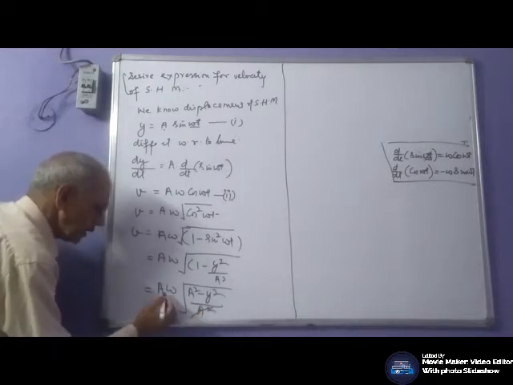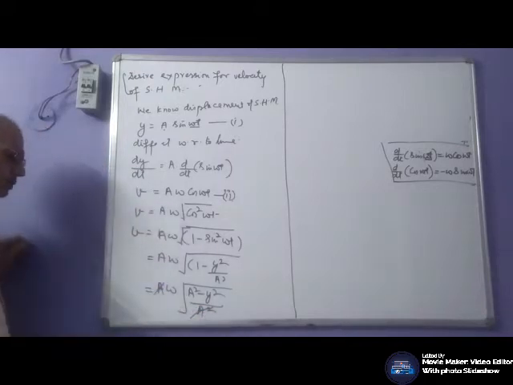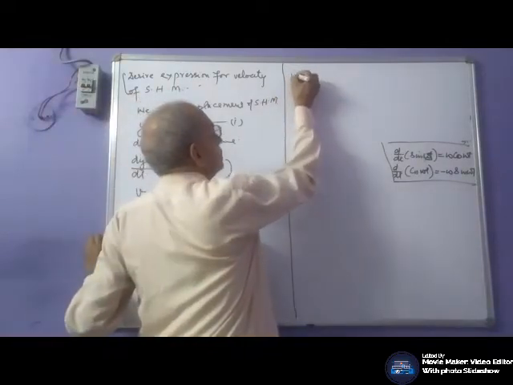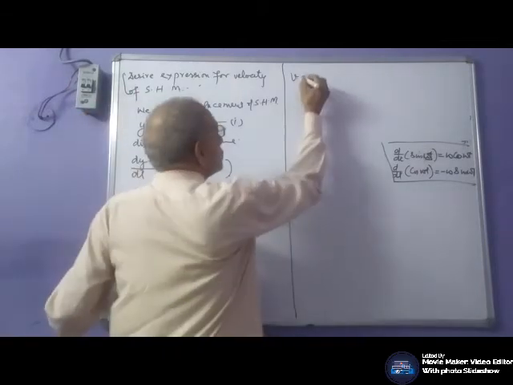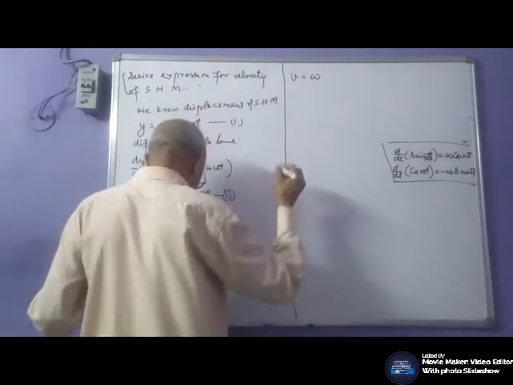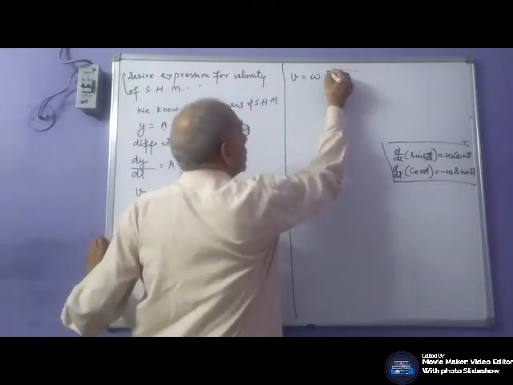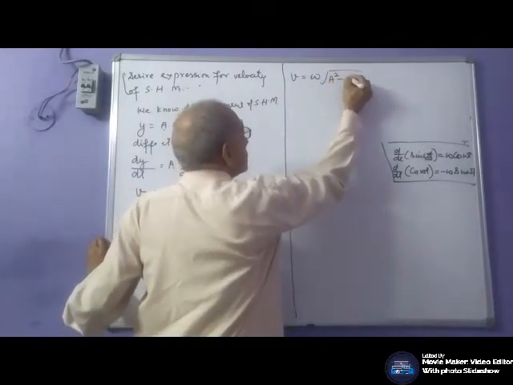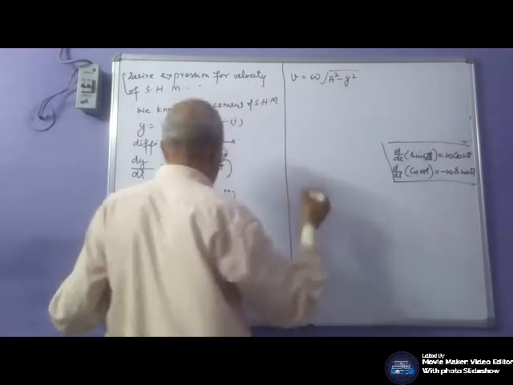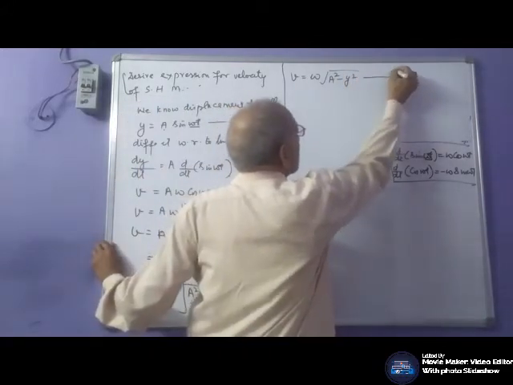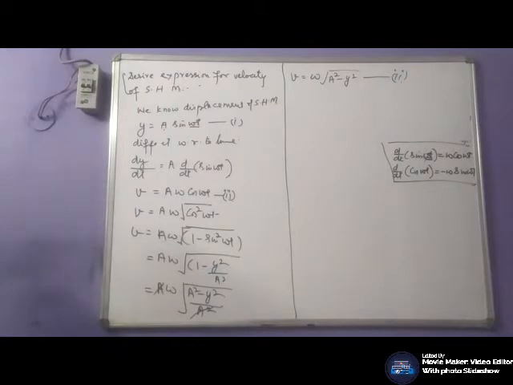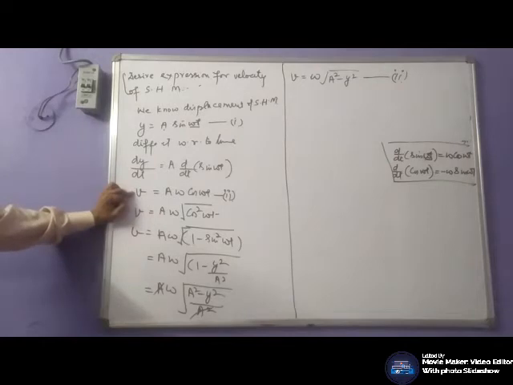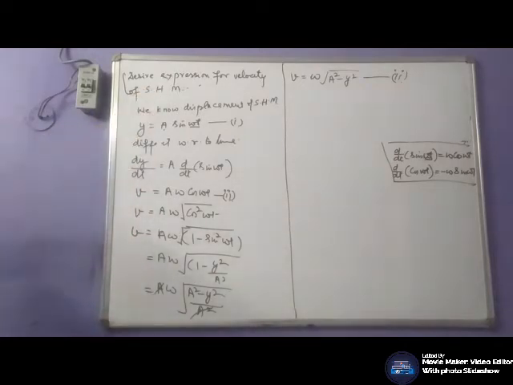This A square cancels with this A, and if you take it out, it will be A. So velocity is omega under root A square minus y square. So this is the expression for velocity of S.H.M.